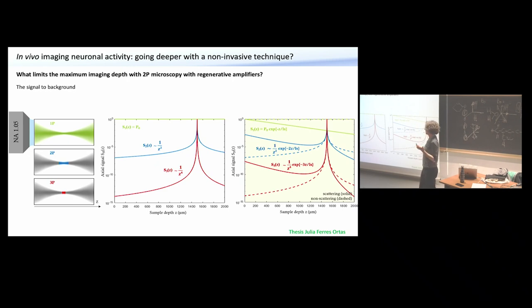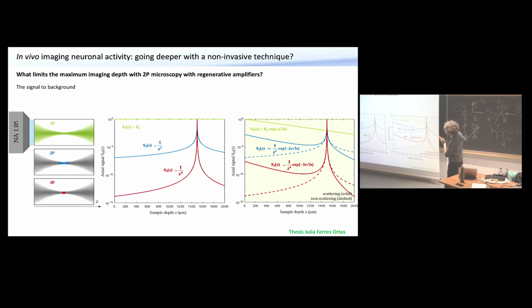Okay, so this is without scattering. But if you add scattering, you have to add to this curve the fact that the intensity of the pulse is decreasing with z. So it actually becomes this blue curve here. It's a log scale, so there is a linear decrease of this intensity here in the log scale.